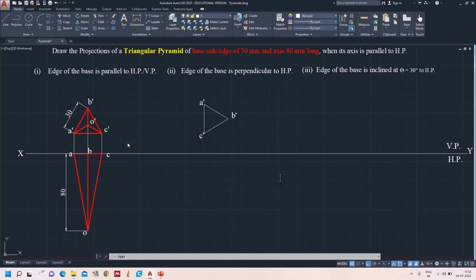So this A dash C dash turns 90 degrees. Now this edge is perpendicular to HP. Now connect all the triangular faces towards the apex point because it's a pyramid. Yes, now draw the projectors to draw the top view.